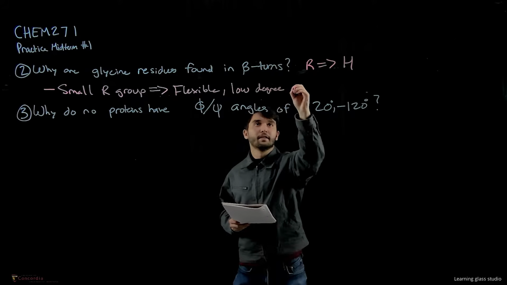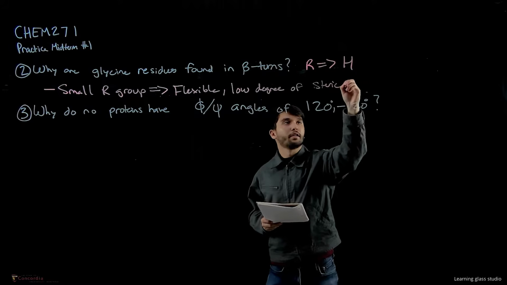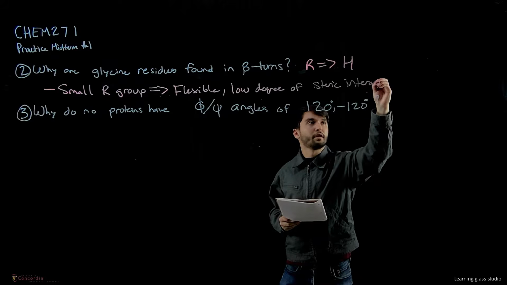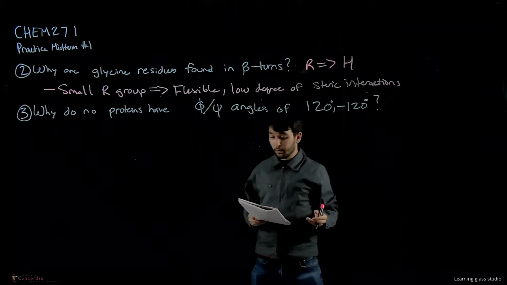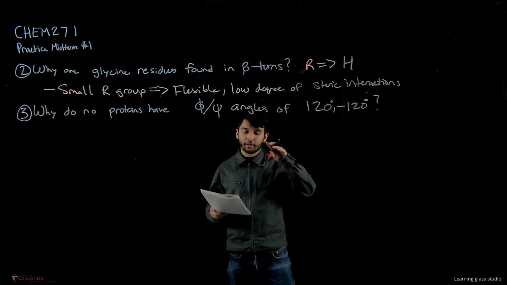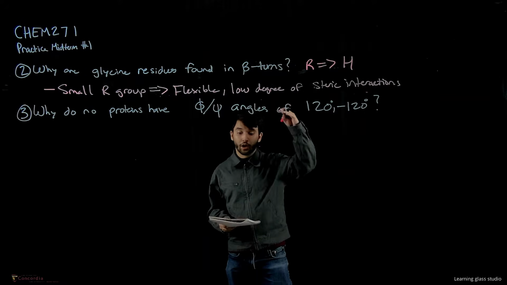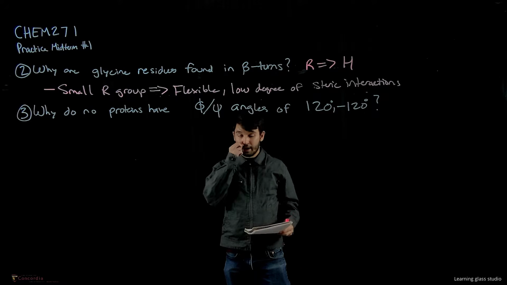So what this means of steric interactions. So this essentially means that when you have an R group that's this small, it can sort of get in the way of other R groups without causing a large increase in energy that would make it unfavorable.